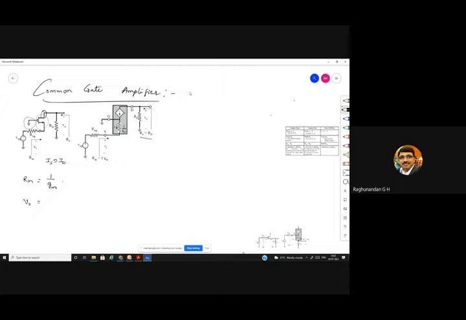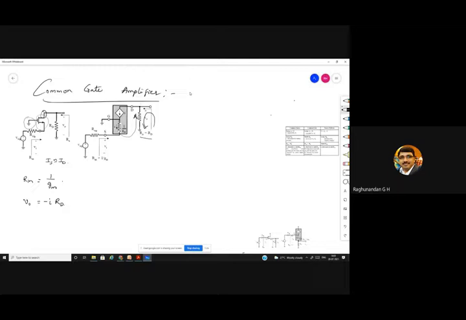So here we are considering RD. RD is the output resistance as of now. So it will be minus I into RD. This is by applying KVL to this particular loop, and since the current is flowing in the opposite direction, we will have minus I into RD.